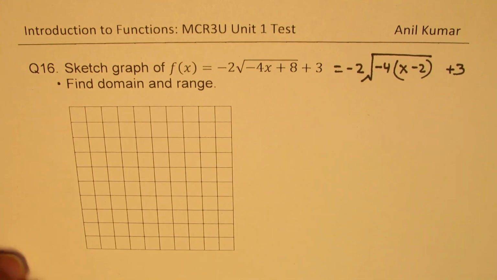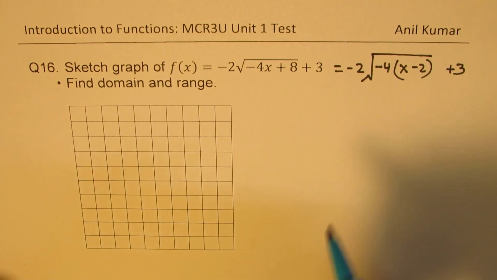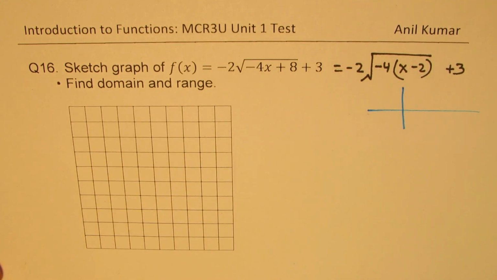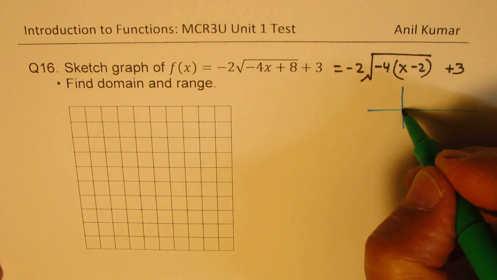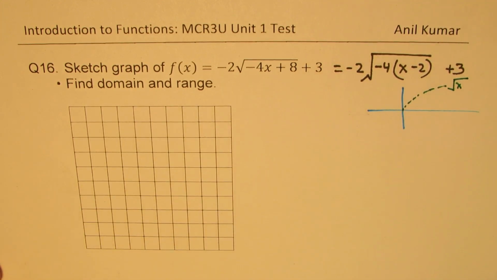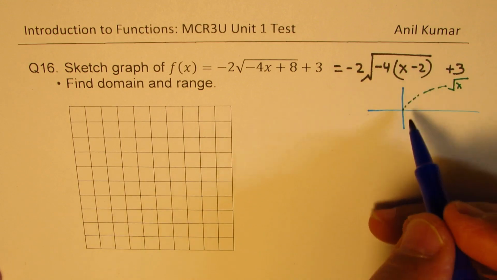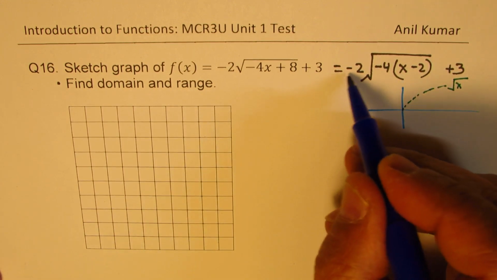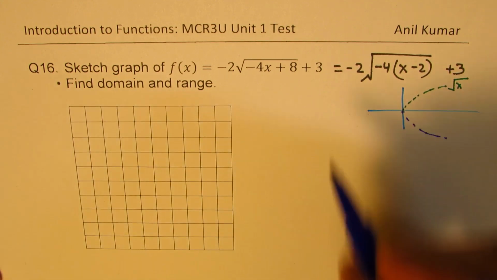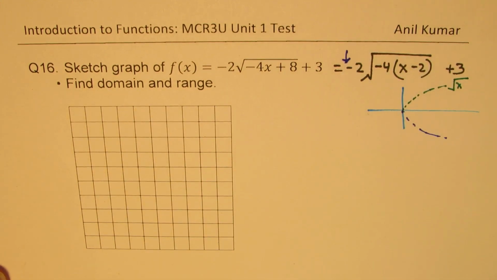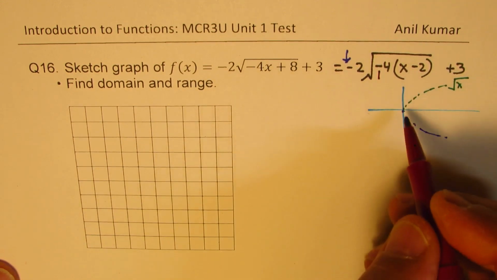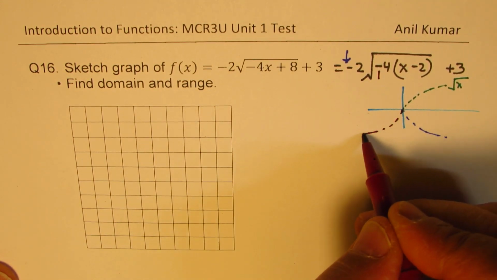Roughly speaking, the graph of the original function will be the square root function, right? This is your square root function. Now what is happening here is this graph is being reflected like this, correct? And then because of this minus, it gets reflected like this, correct?